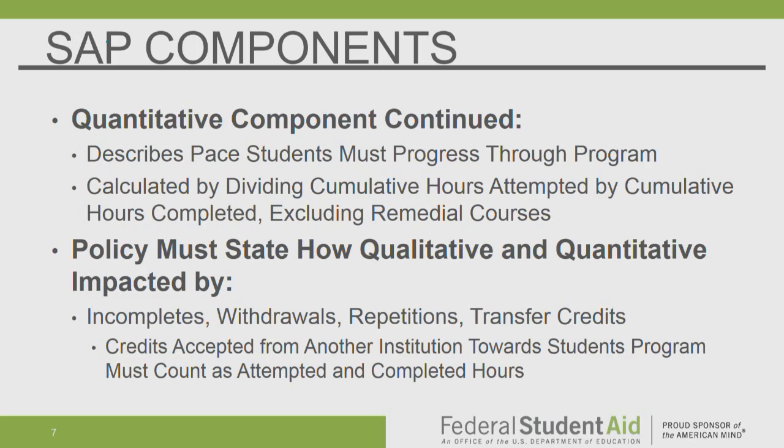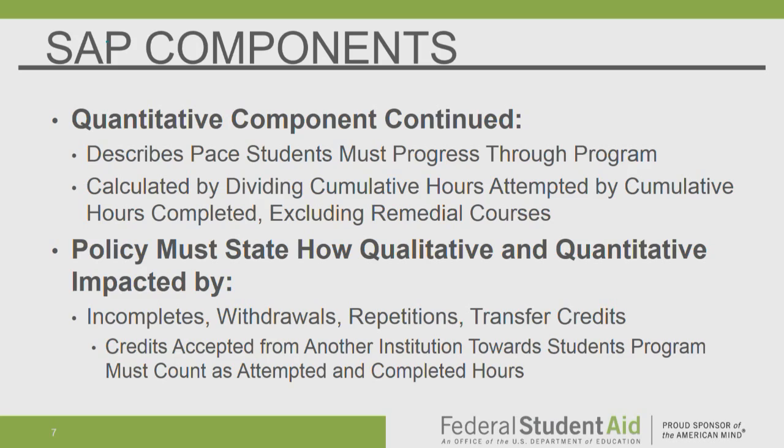So you have to have an established procedure for reviewing and addressing this additional information that may have an impact on SAP reviews. So if you review SAP at the end of the spring term and receive late notification of a grade change from the previous fall or spring, then you have to recheck SAP using that new information.